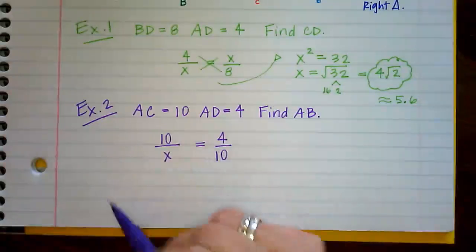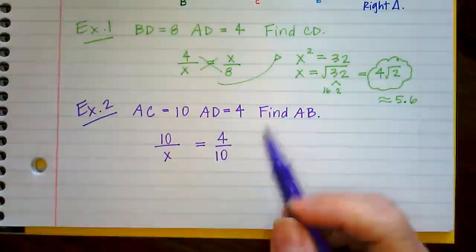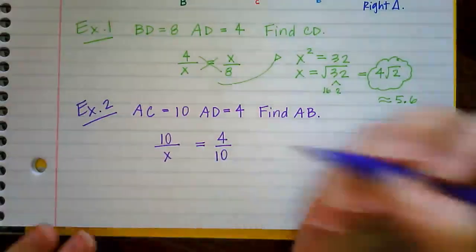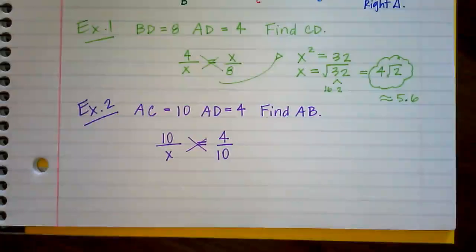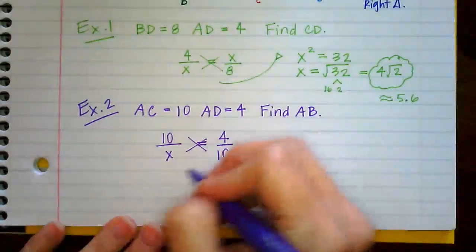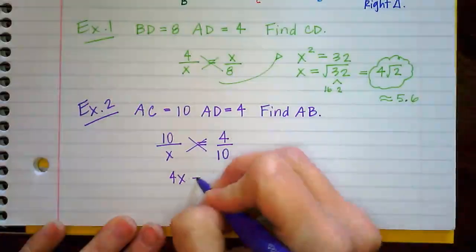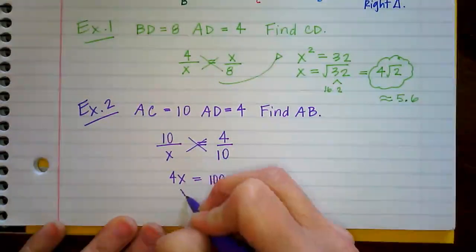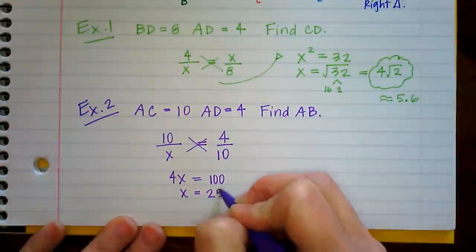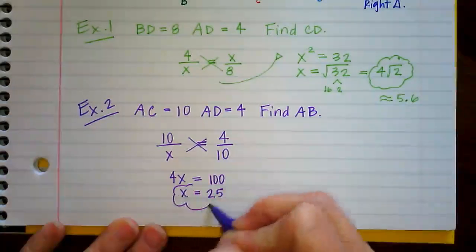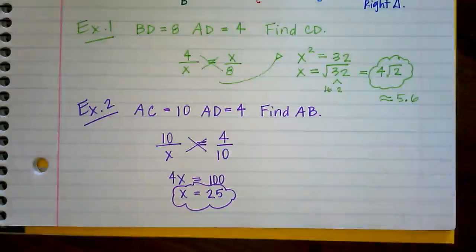All right, this one may not be as obvious at what you're multiplying by, so we can just go ahead and multiply diagonally. So 4x equals 100, which tells me that x is 25. So that means that side AB is 25.